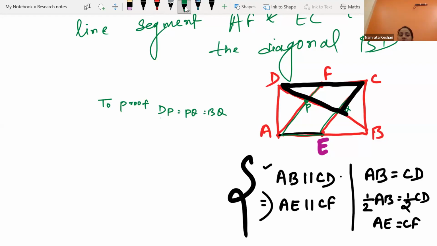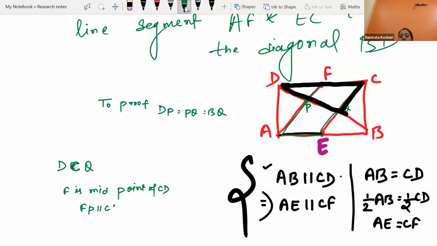See carefully, in this triangle, DCQ, F is the midpoint of side CD, and we know that FP is parallel to CQ.